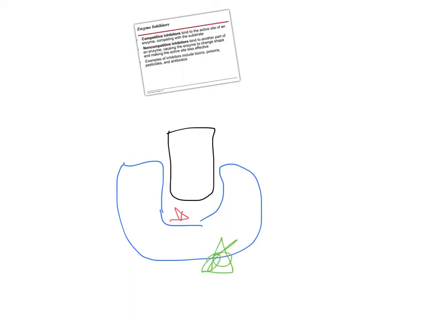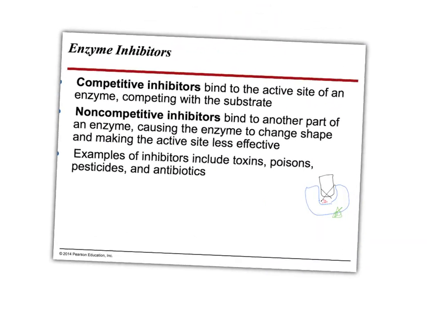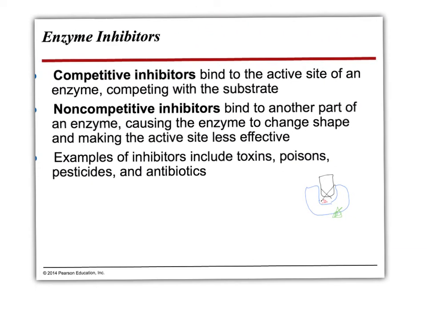A non-competitive inhibitor binds the enzyme somewhere other than the active site, but does affect the enzyme's ability to bind the substrate. Now it doesn't bind as well. The active site is not the site of binding in non-competitive inhibition. So, competitive inhibitors bind to the active site, non-competitive inhibitors bind to another part of the enzyme itself, making the active site less effective or making the affinity for the substrates less effective.